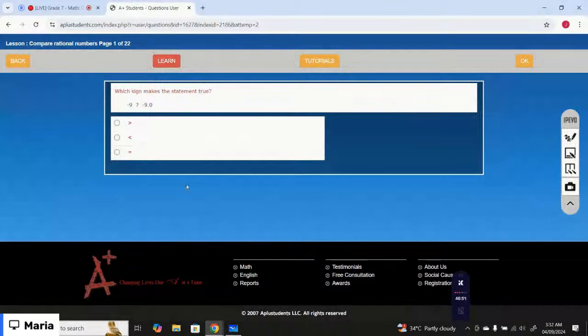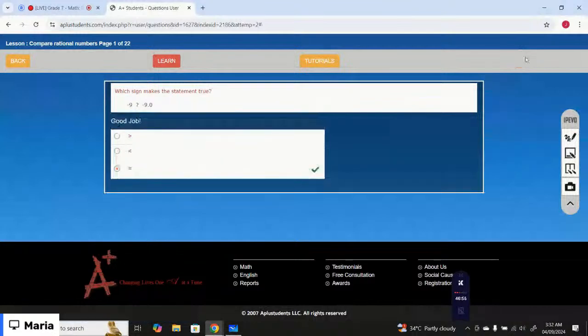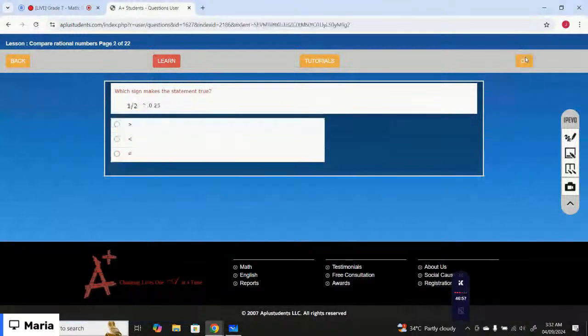They both are exactly equal, right? That's the one we just did in the tutorial. Okay, the next one is 1 by 2. You have to compare it to 0.25. So which is the correct option? So 1 by 2 equals 0.5, right?